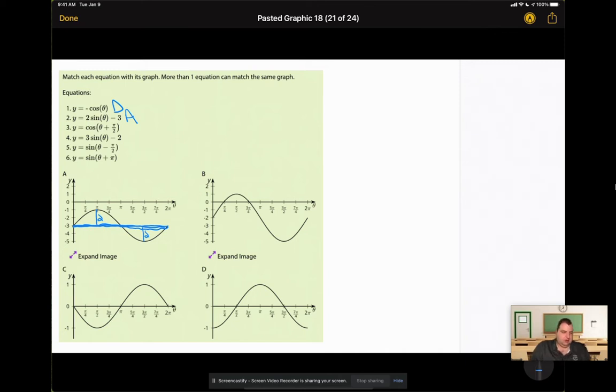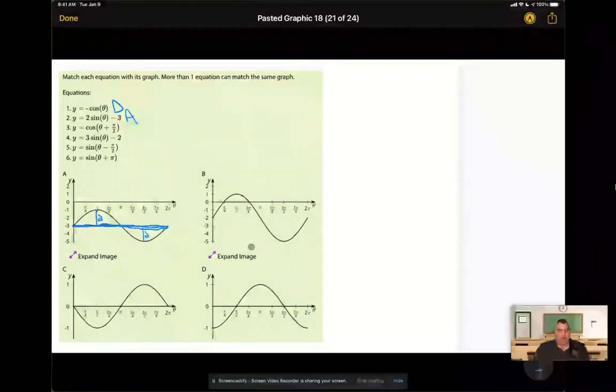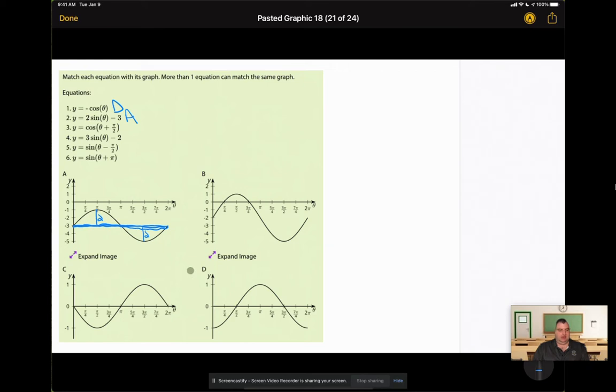Okay. Number 3, y equals cosine of theta plus pi over 2. So notice in this case, the amplitude is 1. Okay.